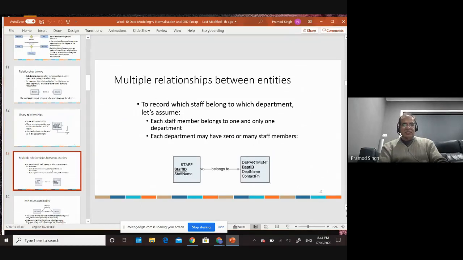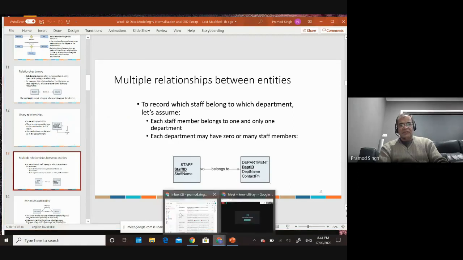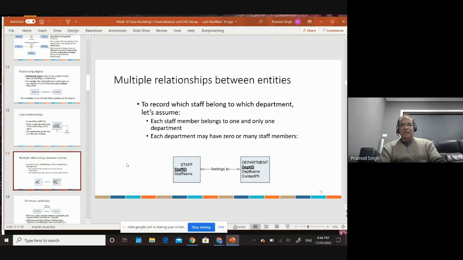Multiplicity of relationships between entities is represented in a form showing how relationships are getting established. For example, staff and department are associated with each other.